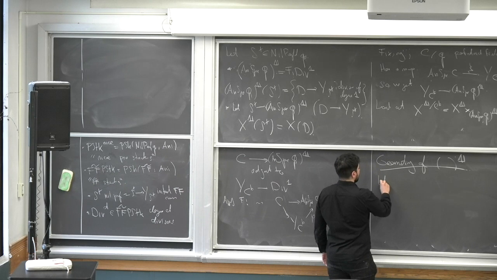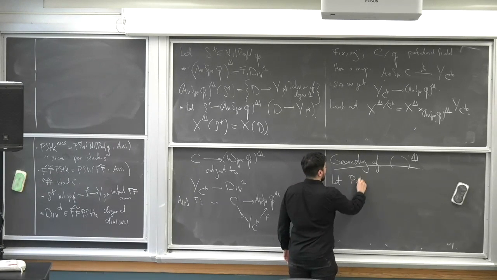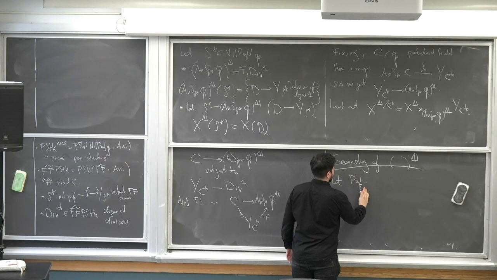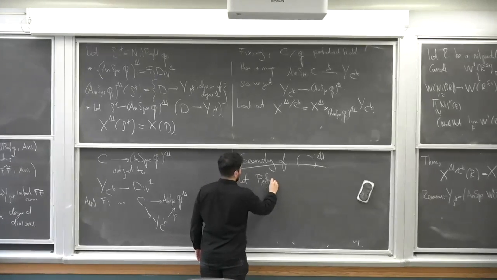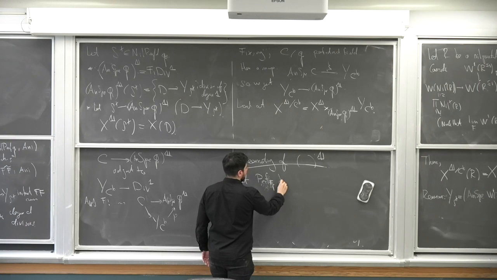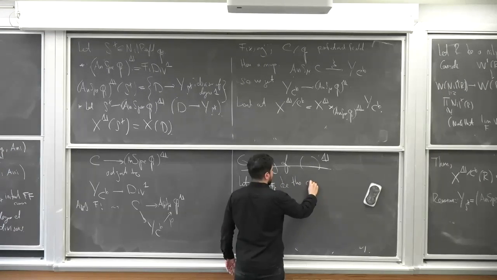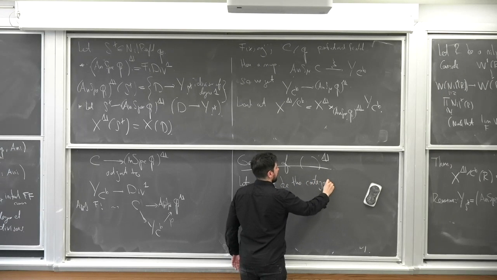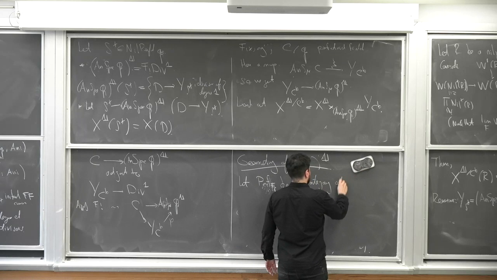So that curve P is a category of vector spaces.